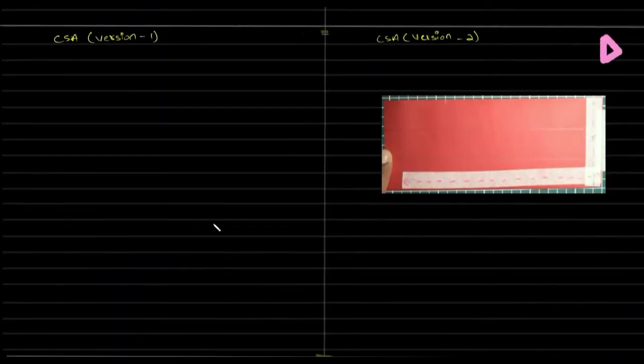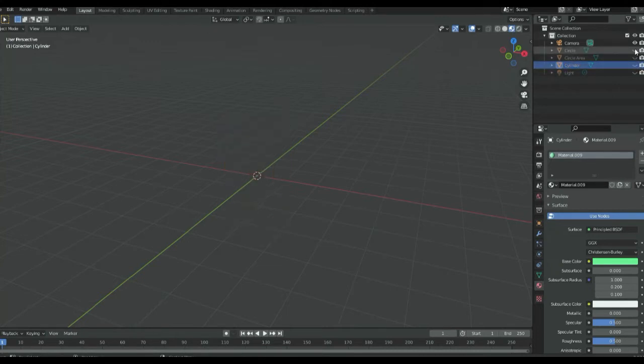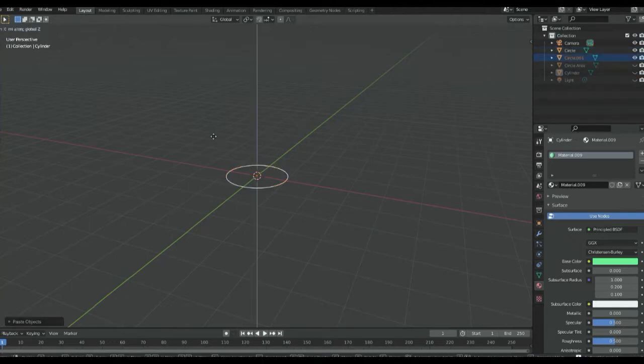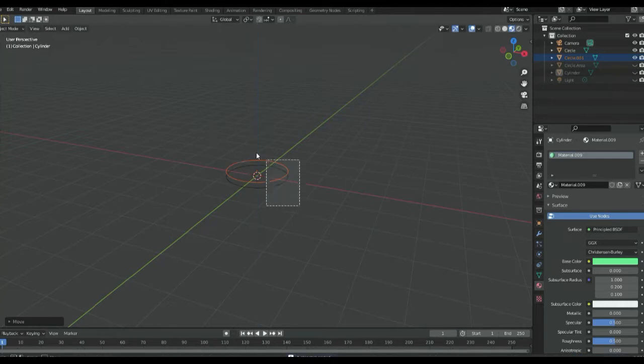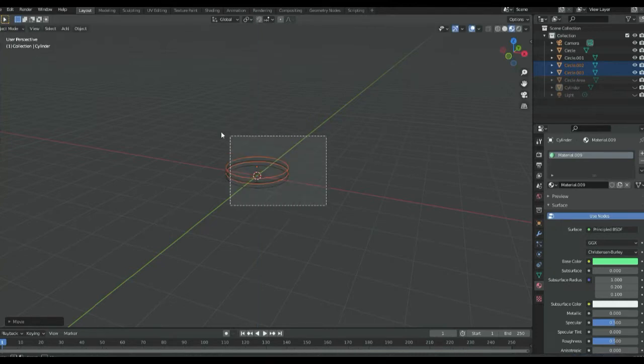Now, curved surface area, version 1. There are 2 versions. To explain version 1, I'll be making use of this circle. So what are we doing? We are going to copy this and paste it. We're going to do it a few times, not a lot of times. You can guess how it will look at the end of it.